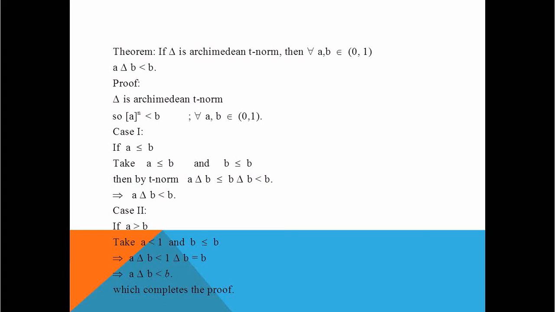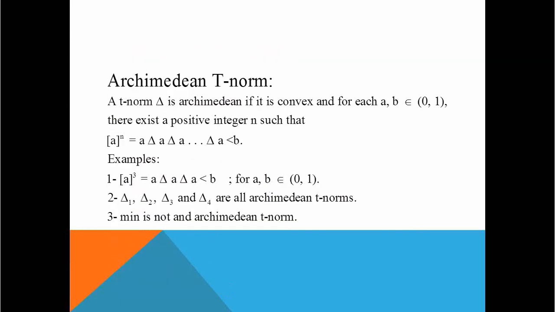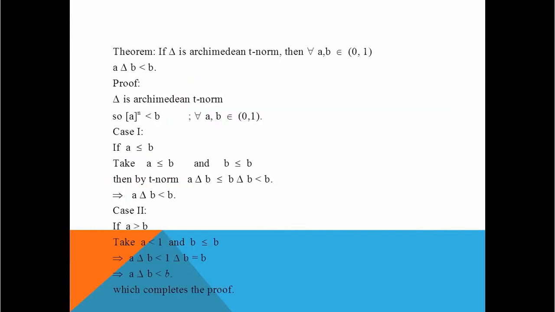We know the property of the Archimedean T-norm: it should be convex, that means the convex property should hold, and for a, b belonging to (0,1), a power n is less than b. We use this property to prove this theorem.